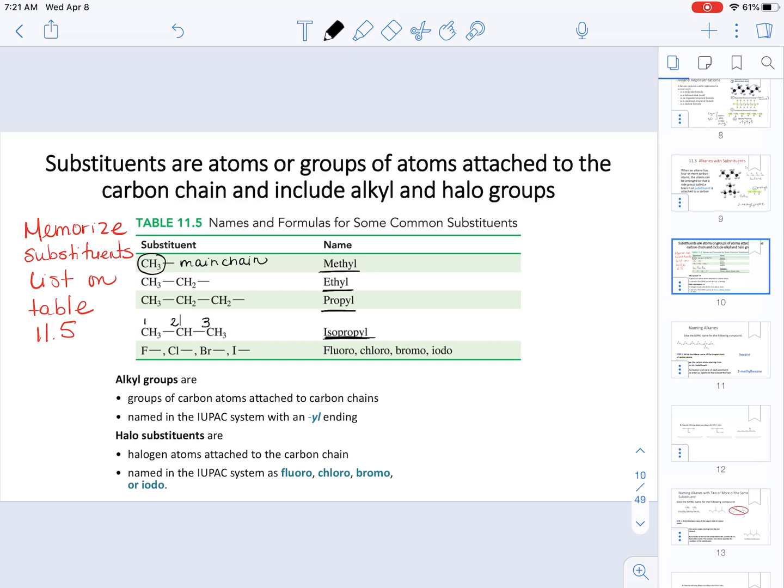Remember, for the ones that I underlined, because they are known as alkyl groups, meaning groups that have carbon atoms attached to carbon chains, their ending is in -yl. When we have halo substituents, like the ones that we have at the bottom of the table, understand that they're going to have a specific name, and it is given by the second column in the table.